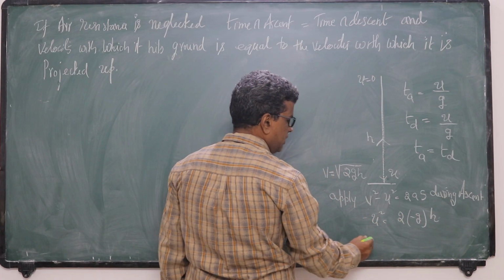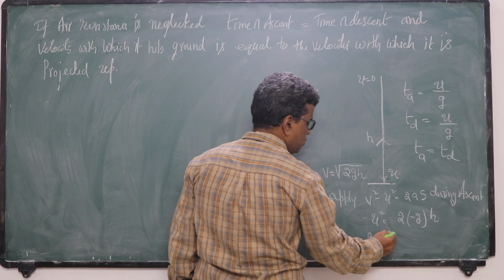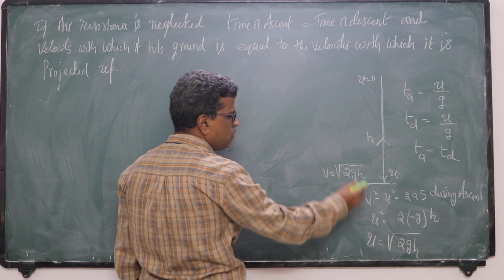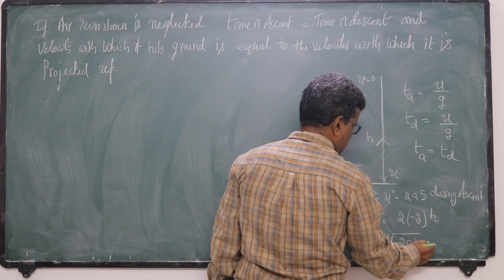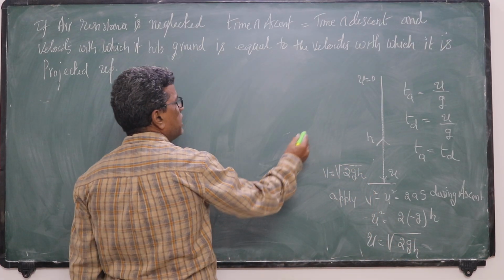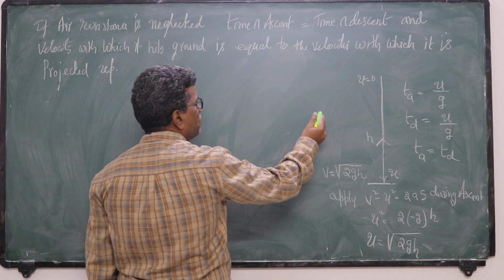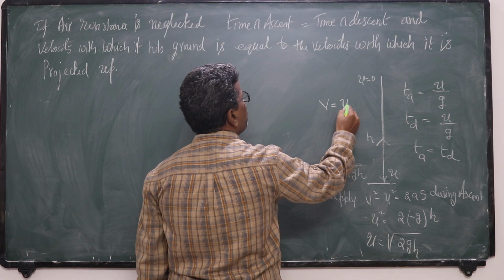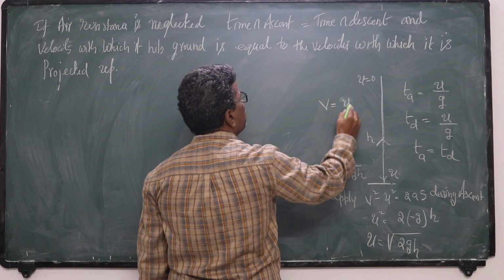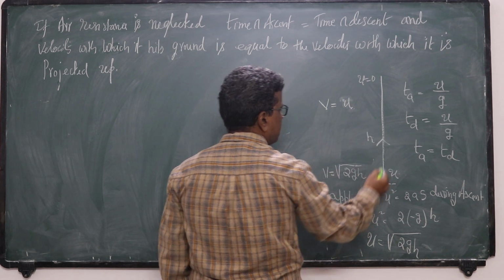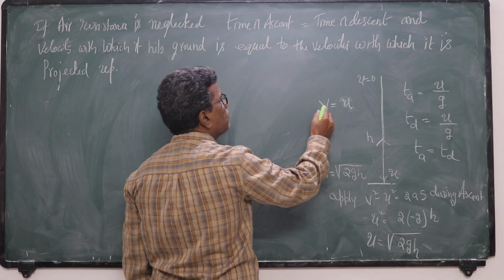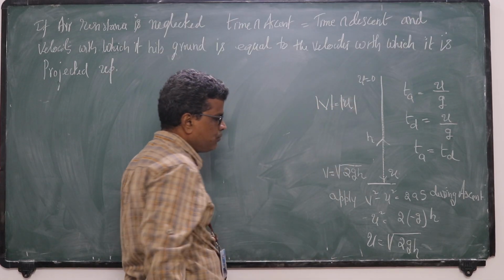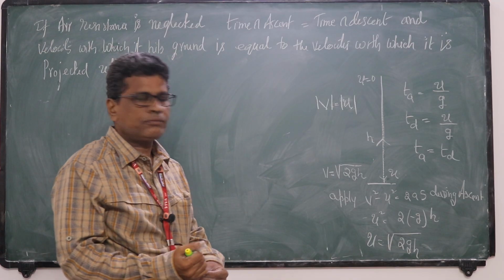So this minus minus cancels, u is equal to square root of 2gh. So u is equal to v. So what we can write? Mod v is equal to u, but it is opposite in direction. u is up, v is down. Magnitude of v is equal to magnitude of u. Clear?